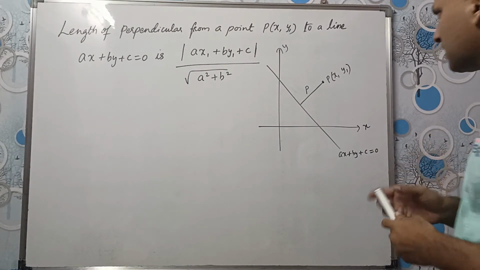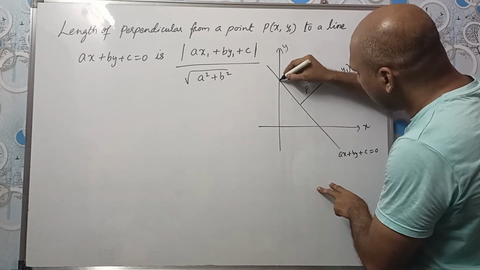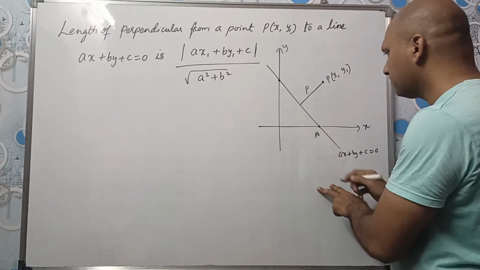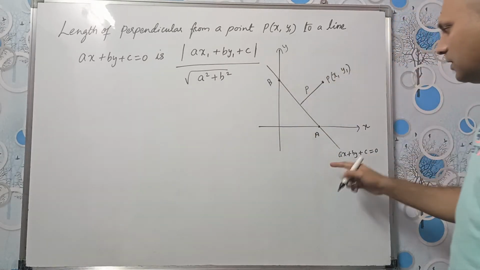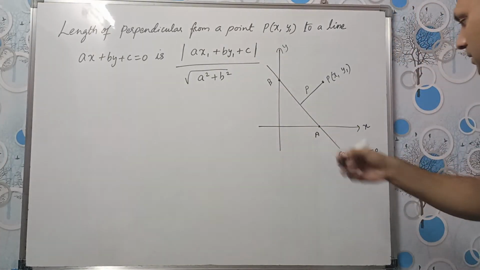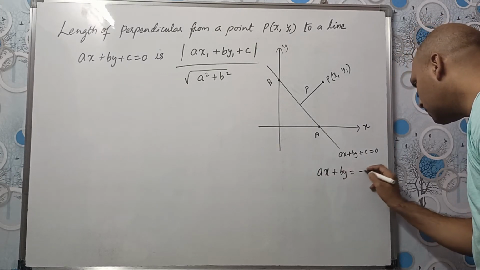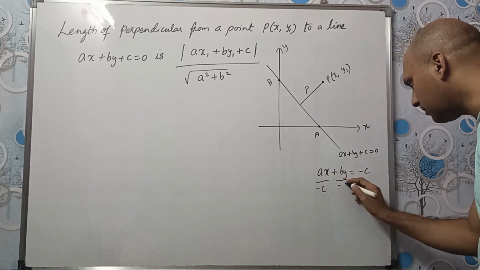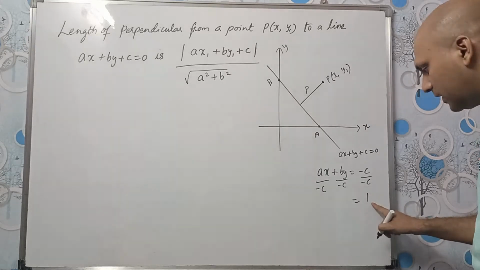Now, what we'll do here is find these points. Let us say this is point A and this is point B. How should we find these points? This is the x-intercept, this is the y-intercept, right? We know how to find that. ax plus by equal to minus c, this c goes to the other side. Let us divide both sides by minus c, because in intercept form we always need 1 on the right.